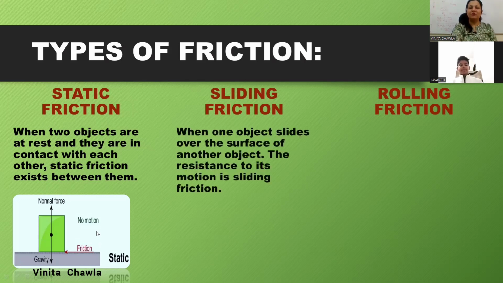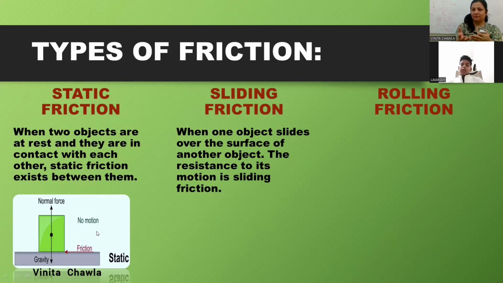In the case of sliding friction, when one object slides over the surface of another object, the resistance to its motion is called sliding friction. Sliding is something like this, look at my hand. The word resistance means obstruction.